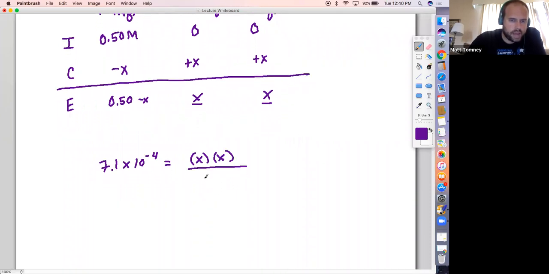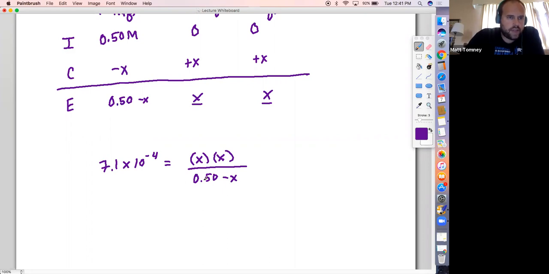And then at the bottom, I'm going to end up with 0.5 minus x. Now, if you take a look at this, this is headed towards a quadratic because we're going to have an x squared at the top, and at the bottom, while we don't have to do any factoring, we have an x value. So anytime we have an x squared and an x value, we're not going to be able to utilize those in one technique.